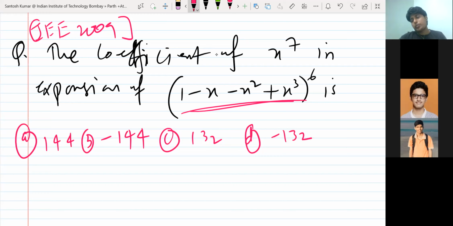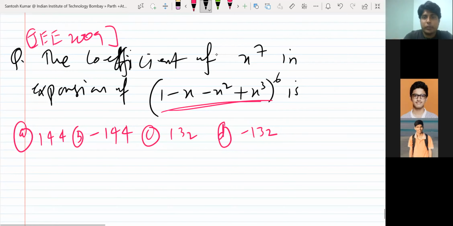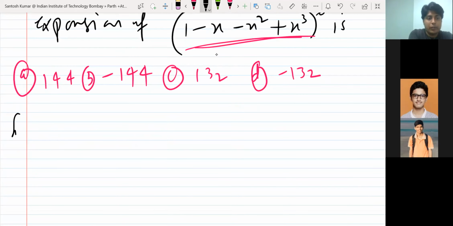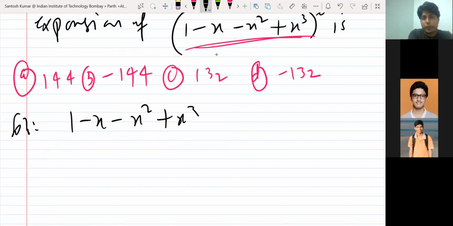We have done one question of this type in the last class. If you remember, we were counting the coefficient of x raised to power 4. So we calculated the coefficient of x raised to power 4. This is a similar question. So look, we have (1 minus x square plus x cube) raised to power 6.